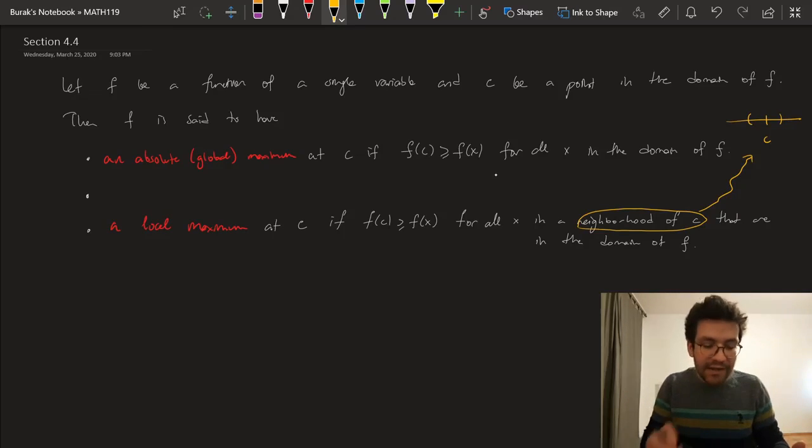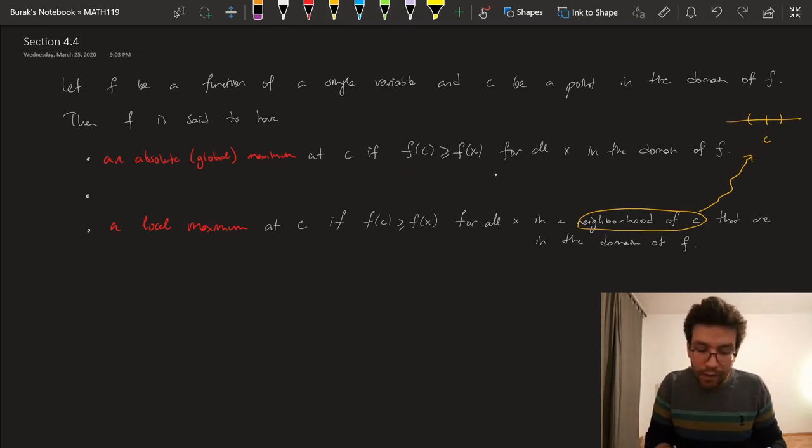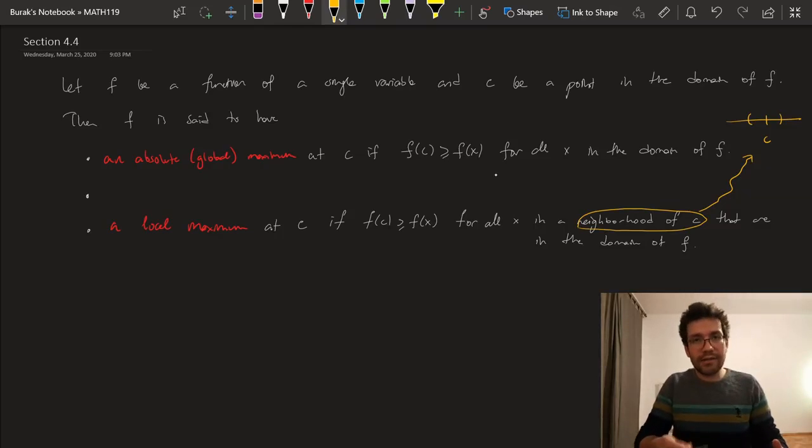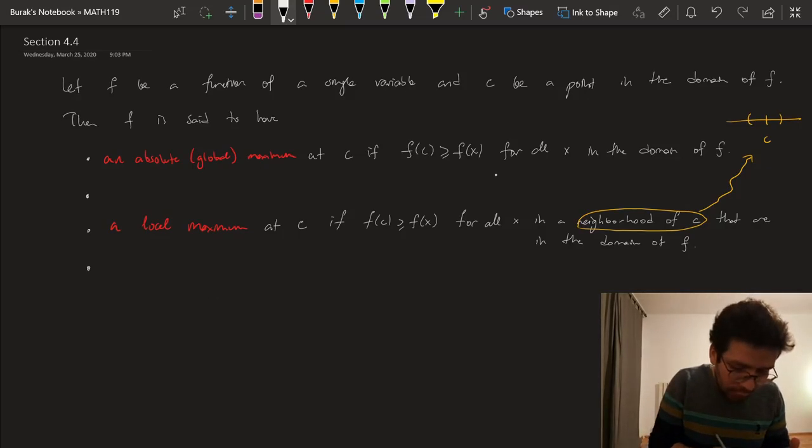You can see that any absolute maximum by definition is a local maximum, because if this inequality is true for all x, it's clearly true for all x in a neighborhood of c that are in the domain. On the other hand, the other implication is not true, as we're going to see in a second. Let me write down two more definitions.